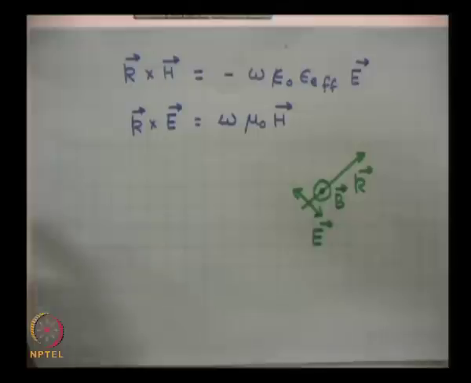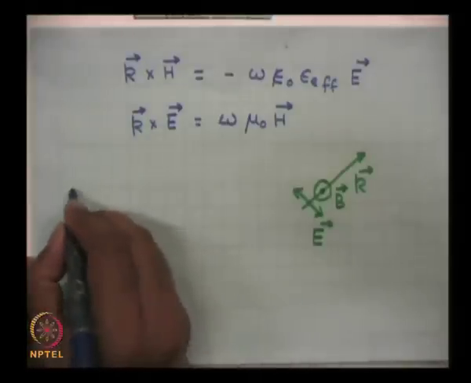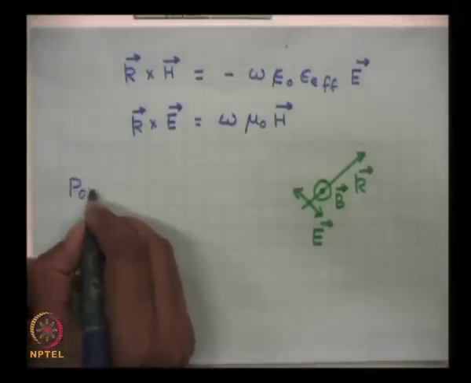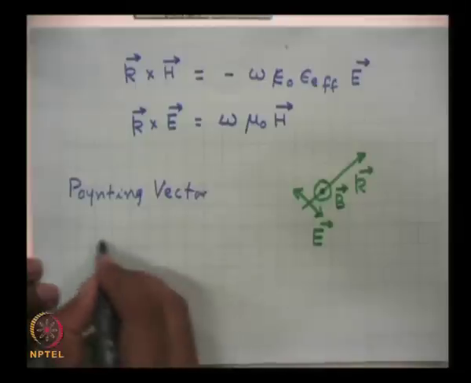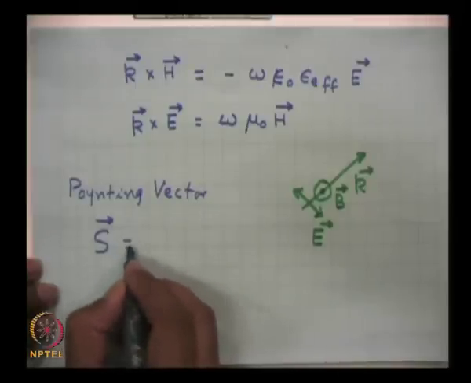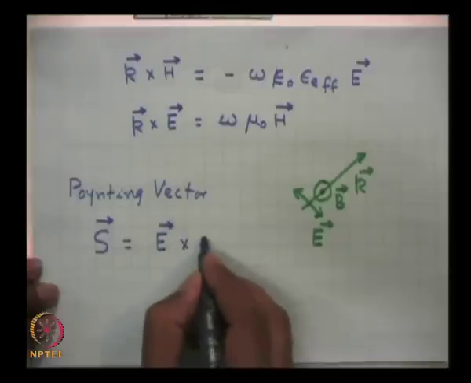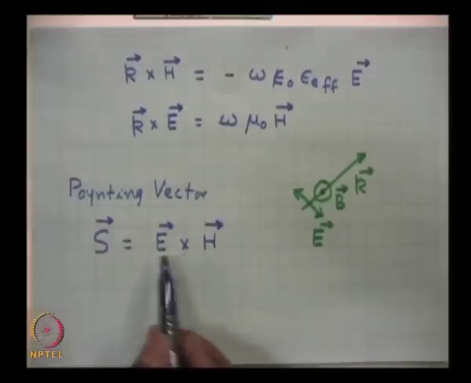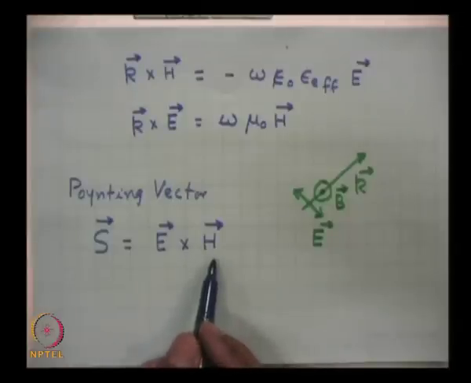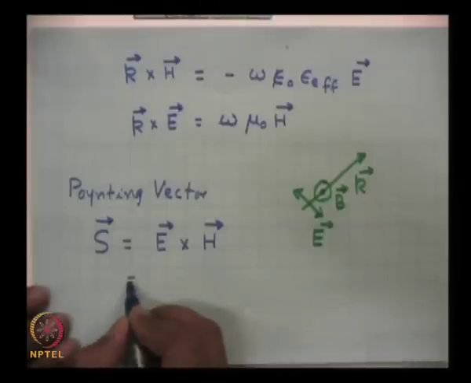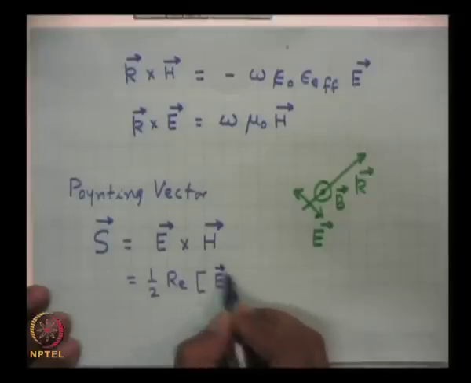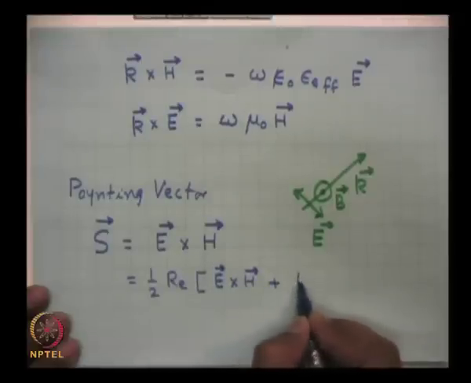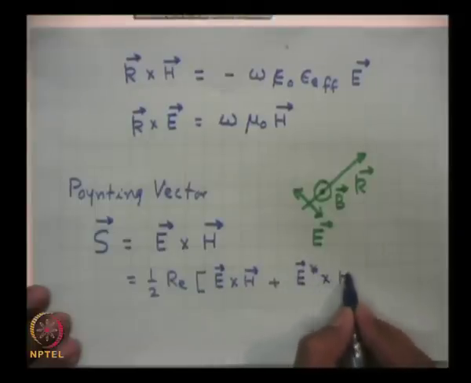I will not derive this here, but I will borrow this result from a general theorem that energy flow with a wave, denoted as S, turns out to be equal to E cross H. Here the real part of E has to be multiplied with the real part of H, and as we have been doing earlier, this implies that this is equal to half real part of E cross H plus E star cross H.